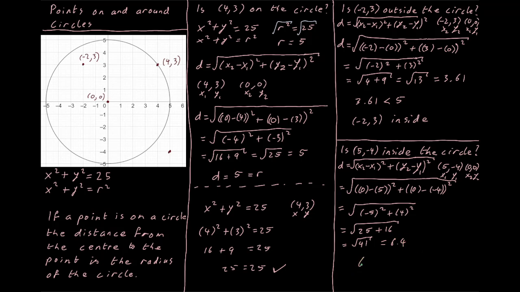Now 6.4 is bigger than 5, it's bigger than our radius. Our radius is what we're comparing against, so that tells us that our point 5, minus 4 is outside of our circle.